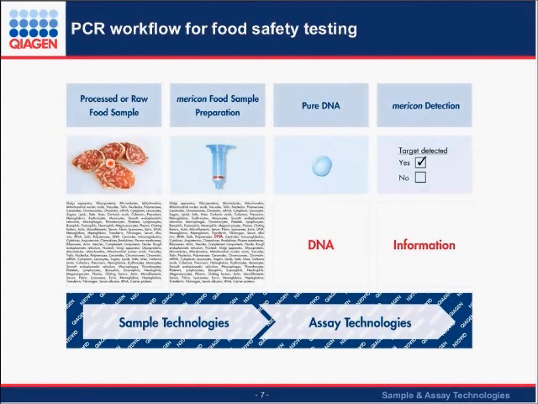So you can put the sausage into a bag of enrichment medium, and from there you can get a sample that you can test for the presence of pathogen. After you get your DNA, you then put it into a Maricon assay, and you detect your presence or absence of your target.